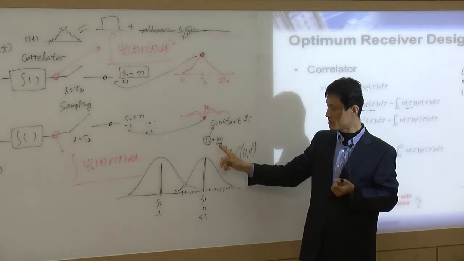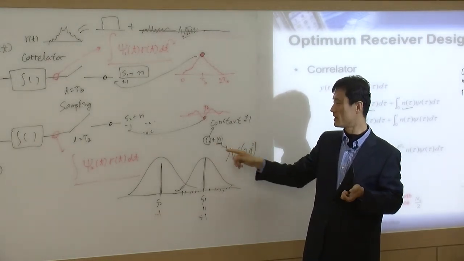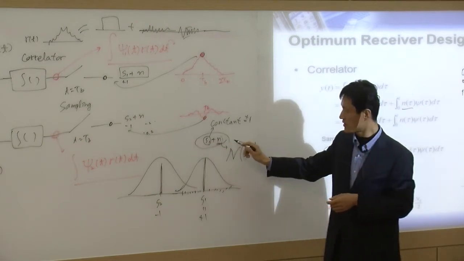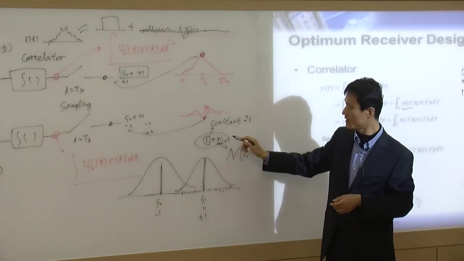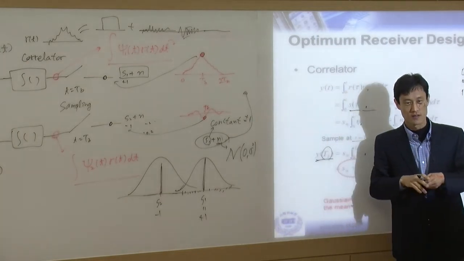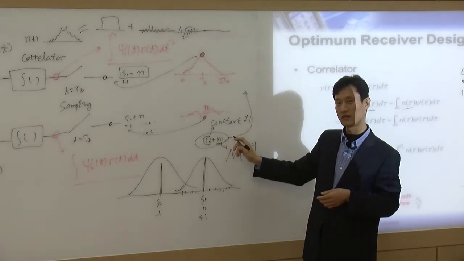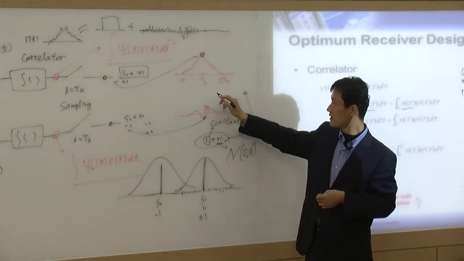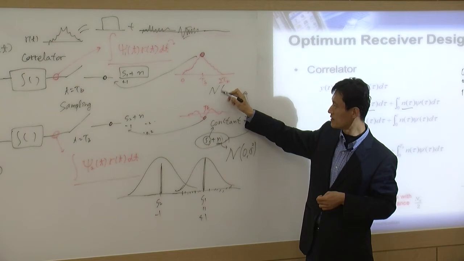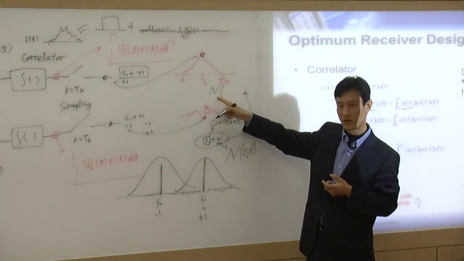But this noise random variable plus the constant value, plus 1. In that case, this whole thing has what distribution? The distribution of the whole thing is going to be, again, the normal, the Gaussian.